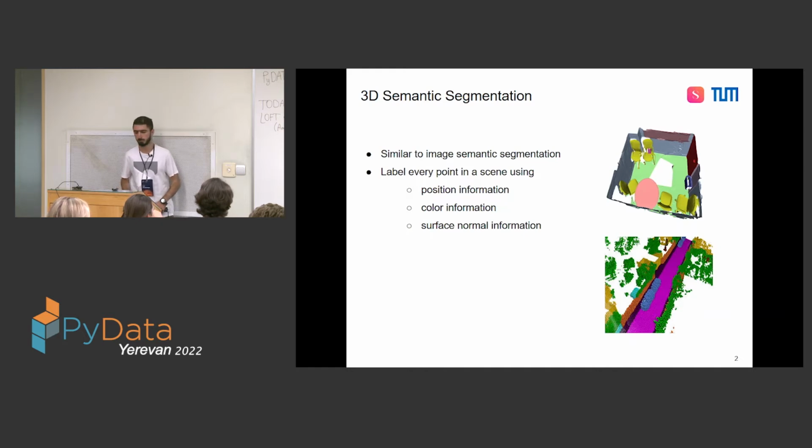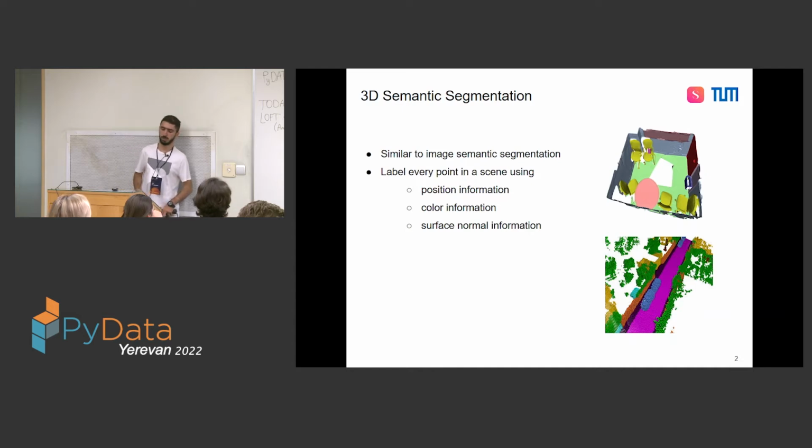And yeah, so let's also talk about the task, so this 3D semantic segmentation. It's pretty straightforward if you are familiar with usual semantic segmentation of images. So the goal is to label each point in this point cloud with one of the classes that we have in this data set.